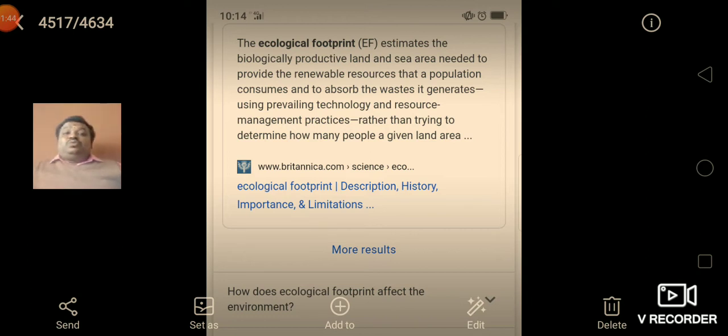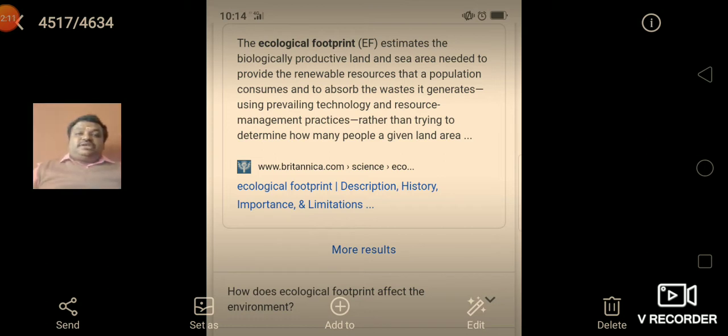So the World Wildlife Fund has devised a measure called the ecological footprint. Understood? Which gives an idea about the extent of consumption of resources and waste generation. Understood? Waste generation by a country or by an individual in a country.